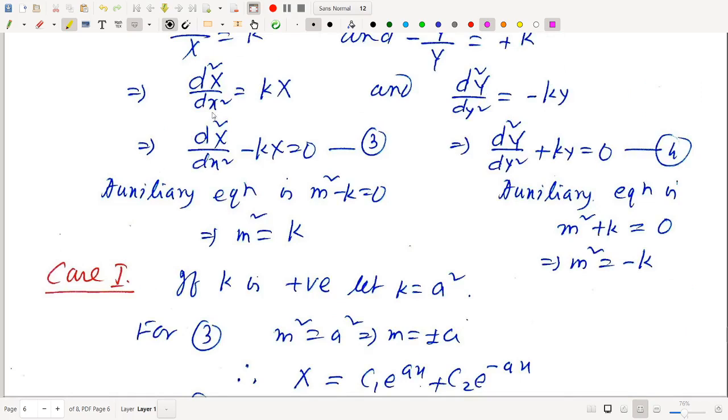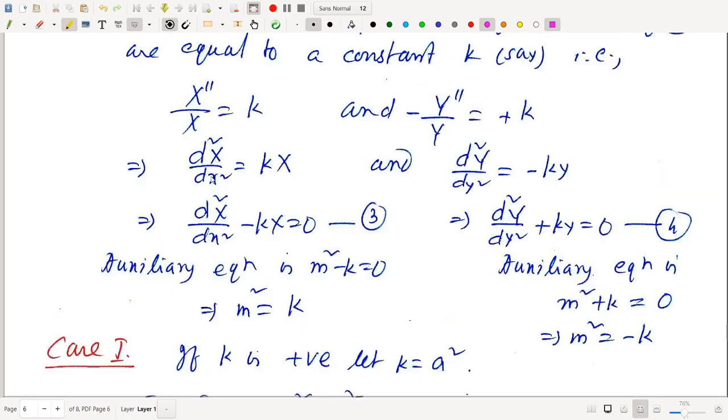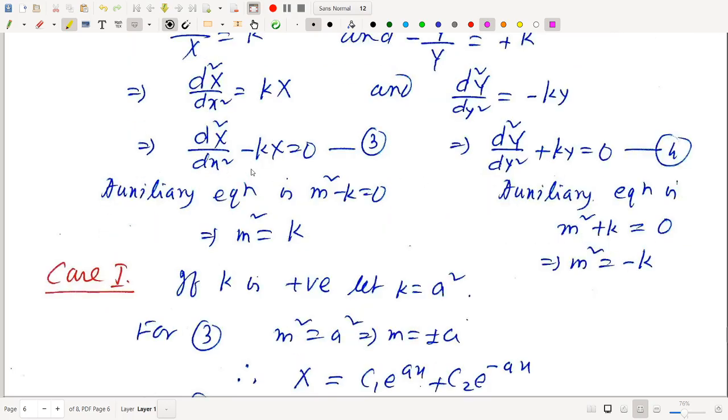Therefore, X double dash means d square X by dx square equal to kX, and here d square Y by dy square equal to minus kY. So side change: d square X by dx square minus kX equal to 0, and here d square Y by dy square plus kY equal to 0. These two are second order ordinary differential equations with constant coefficients.